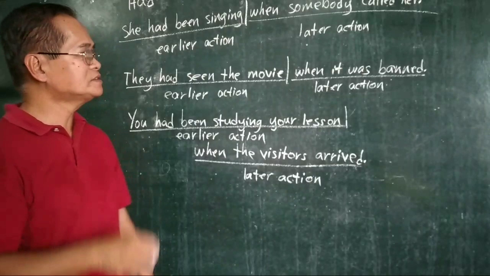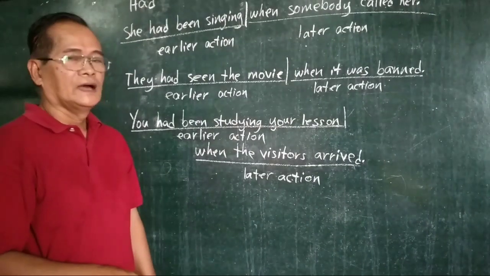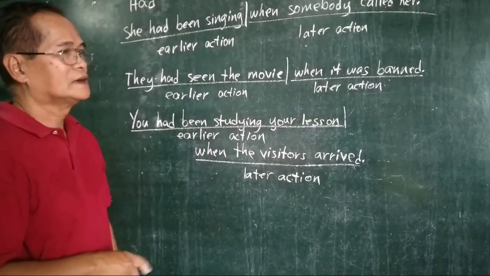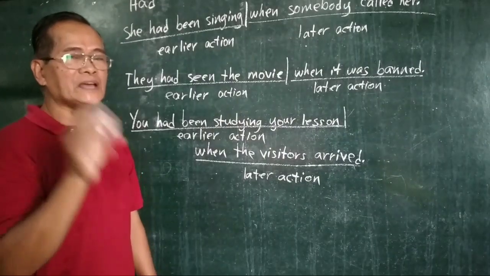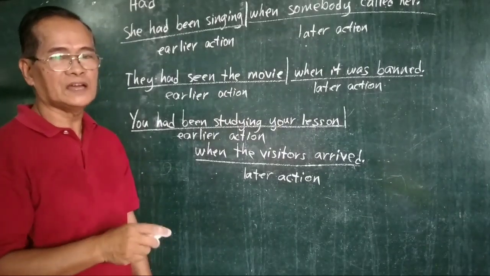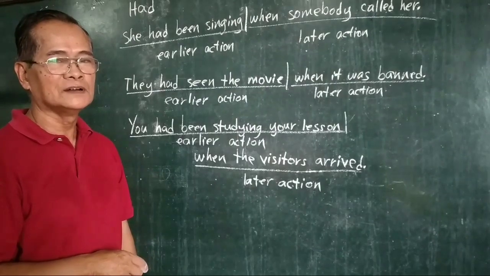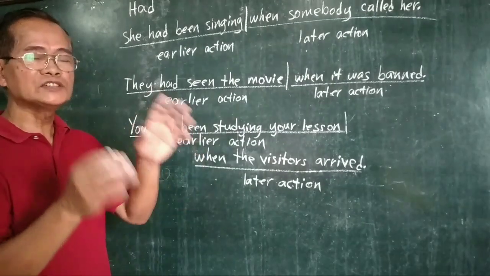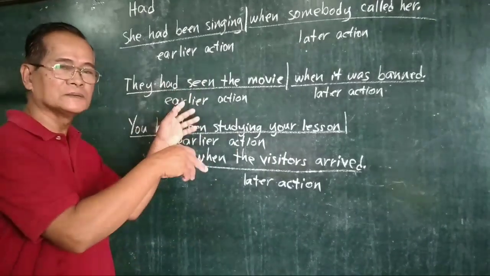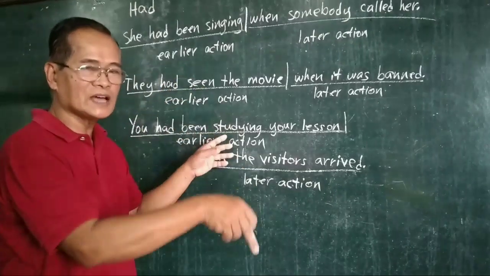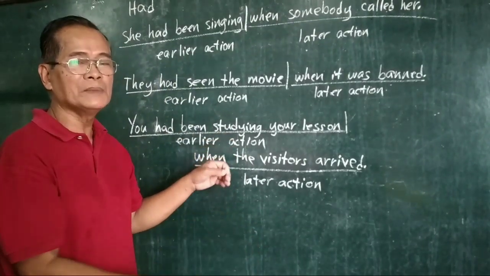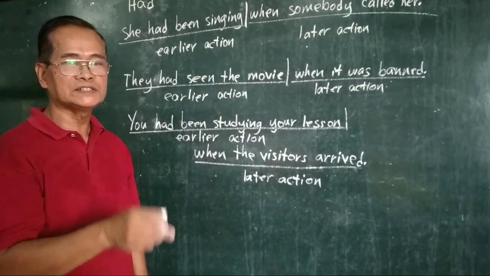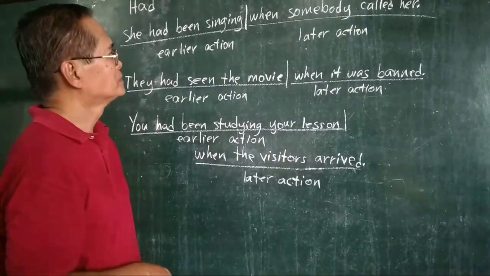Alright. To summarize this, sa present perfect tense, ang gamit ng have ay yung action ay nangyari nakalipas at tuloy-tuloy na nangyayari sa kasalukuyan. Yun ang gamit ng has at have sa present perfect tense.